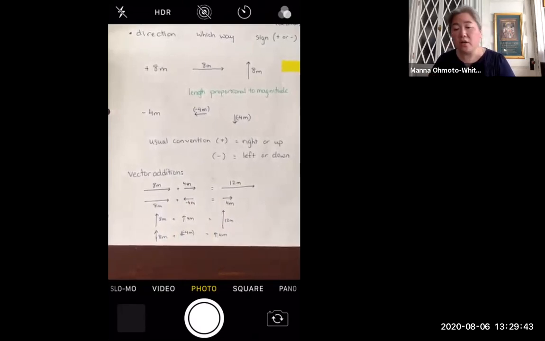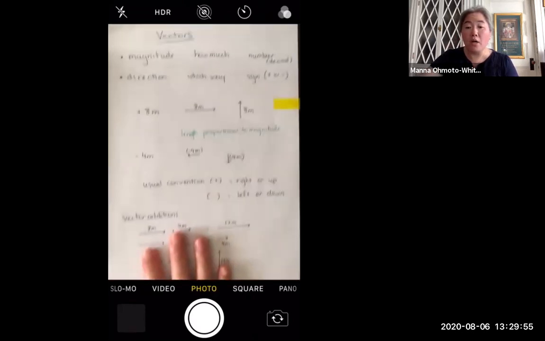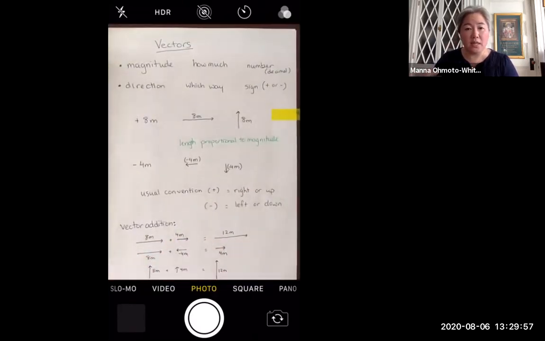So many of our values, displacement, velocity, acceleration, force, energy, power, all of these things are not only going to tell you how much of that number is, like how fast I'm going, how much energy I'm adding to something, but also which way that I'm adding that amount to.